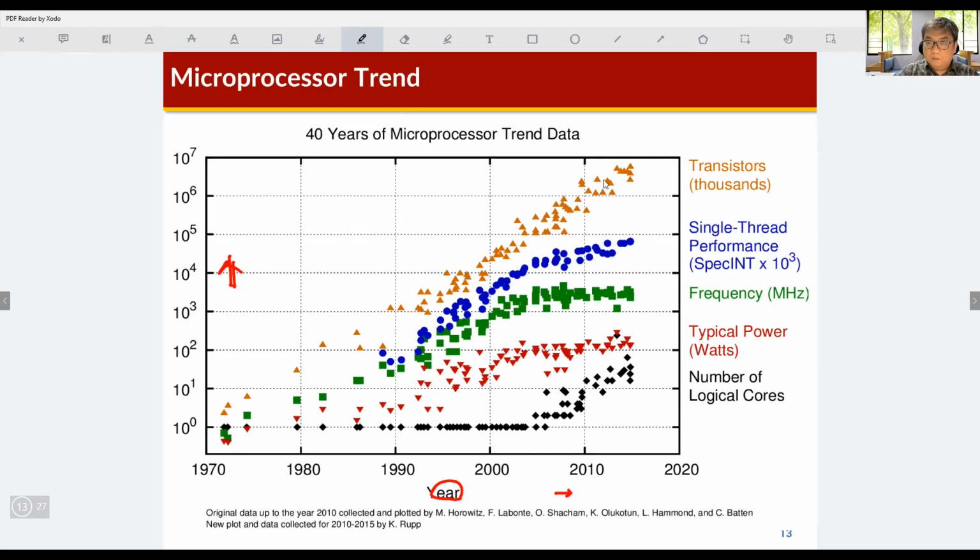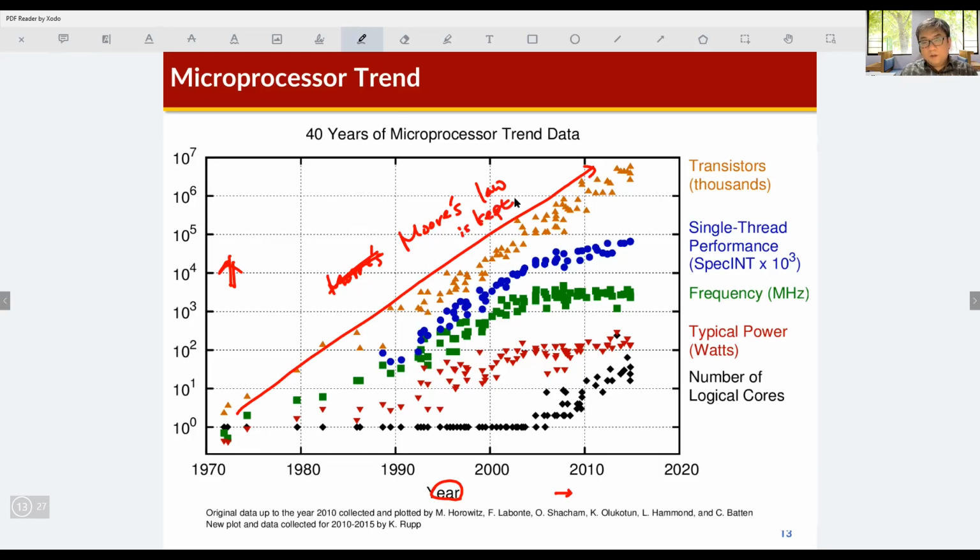So let's see the number of transistors here. This is linear. So that means until the late 2010s, Moore's law is kept.